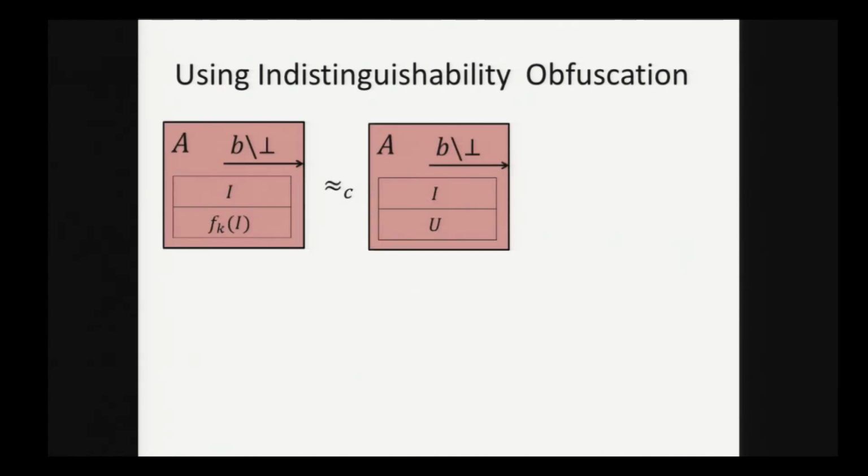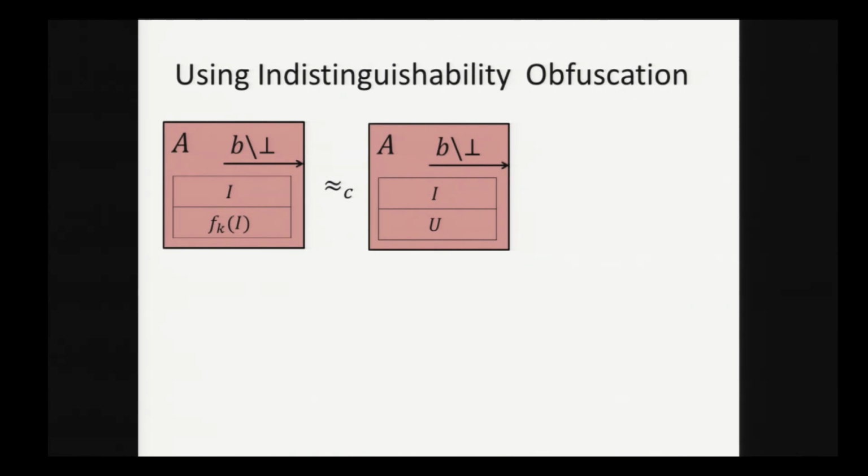The last thing we need to do is to show that an obfuscated adversary really hides the bit from the simulator. First of all, since f_k is a pseudo-random function, we should not be able to distinguish an adversary that contains the real truth table of f_k from an adversary that contains a truth table of a truly random function. And now, since the set I is very large, much larger than the size of the obfuscation, with overwhelming probability there is no small circuit of the same size as the obfuscation that agrees with this random truth table.